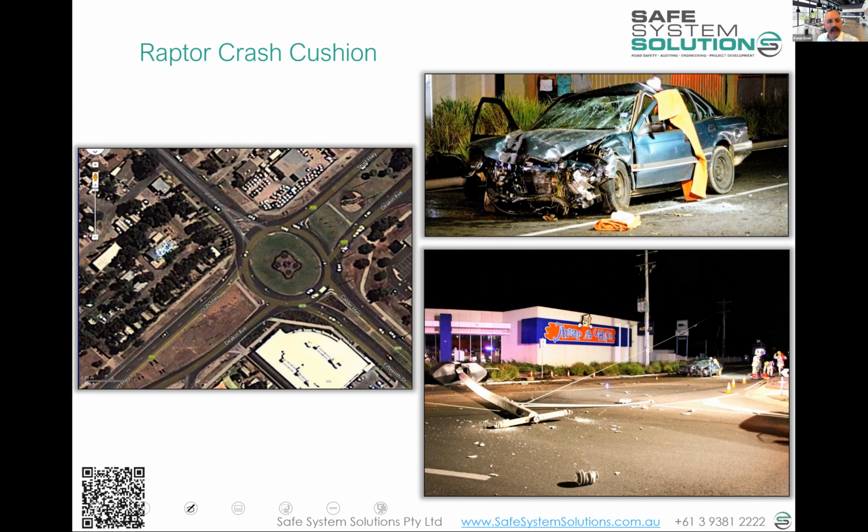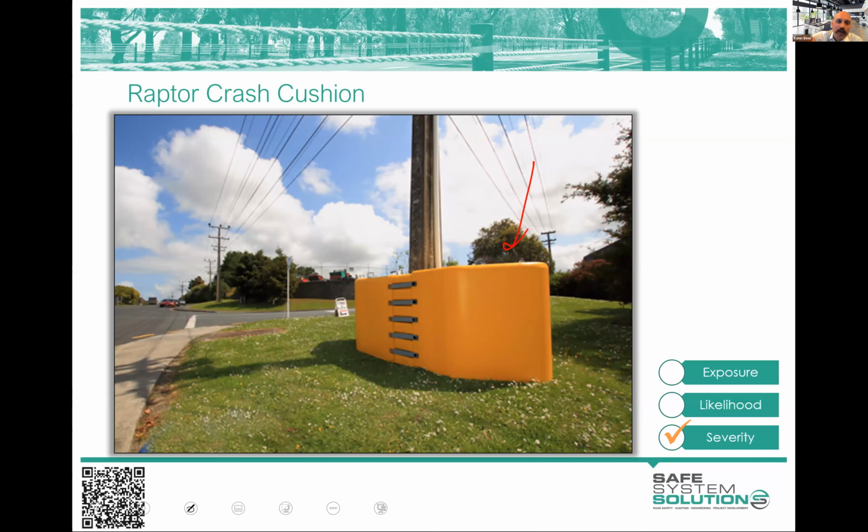But the vehicle came in and it was a roundabout. They came through and lost control, left the road, hit the power pole. The power pole had a thing called a Raptor on it. Now that's a Raptor cushion. A Raptor is a device that's a bit squishy, so it'll absorb some of the energy.